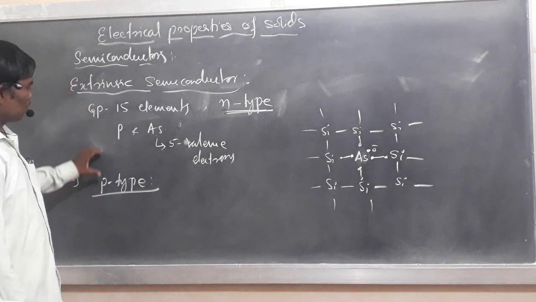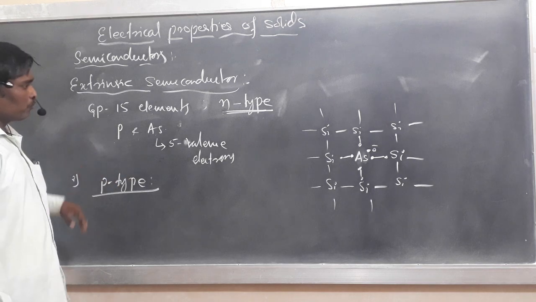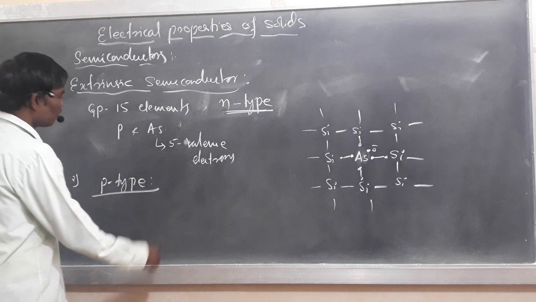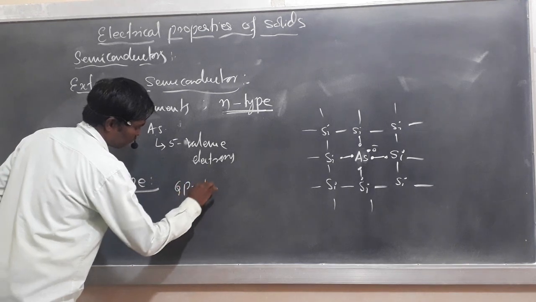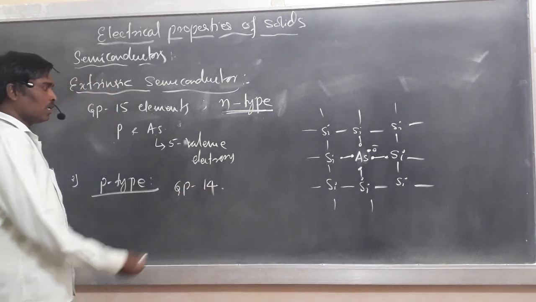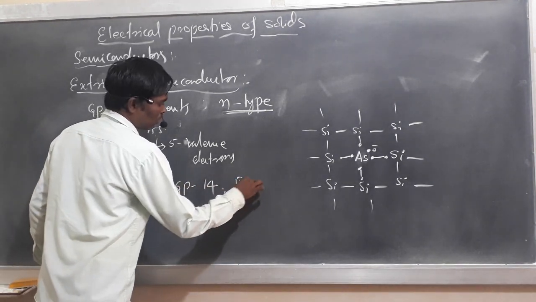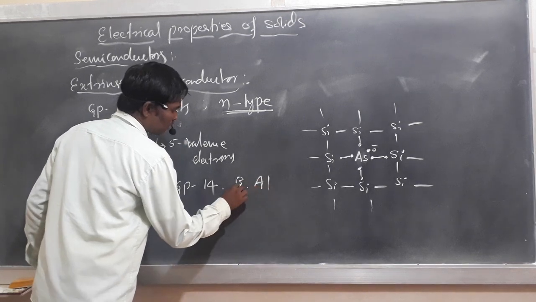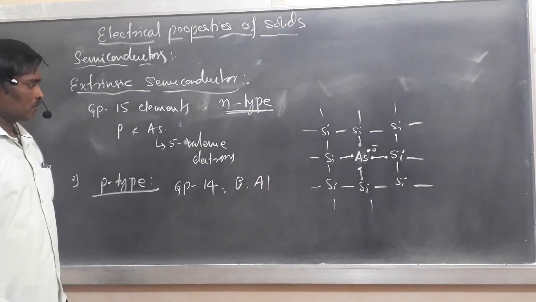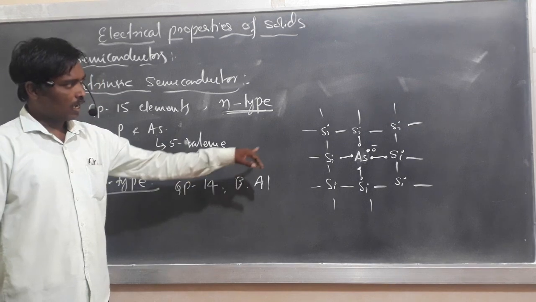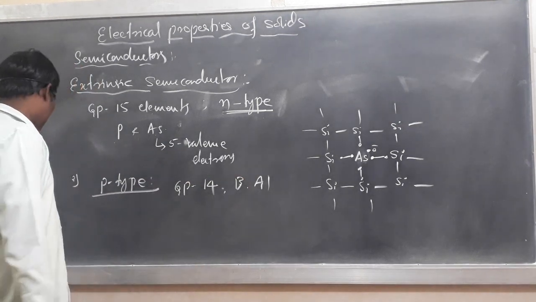To prepare P-type semiconductors, we add impurities like boron and aluminum as dopants, which are added to pure silicon.